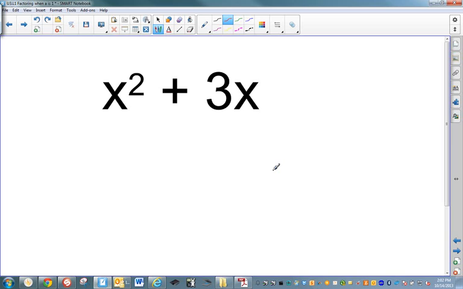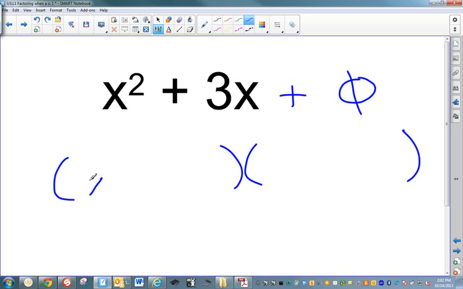All right. So for those of you that got it, I really feel like I don't have to talk to you. But for those of you who are having trouble, this is missing the last term. Mathematically, when you're missing something, represent it with a 0. So you just want to ask yourself, how do I multiply to 0 but add to 3?